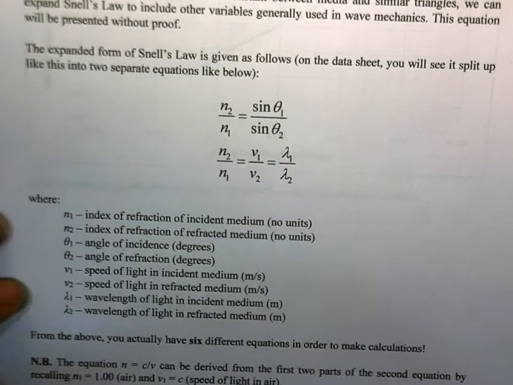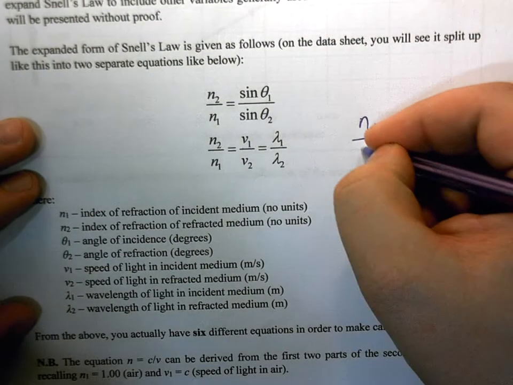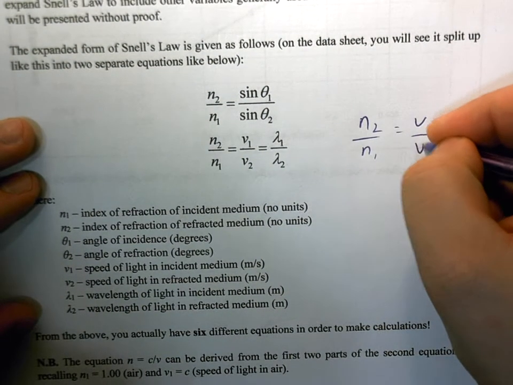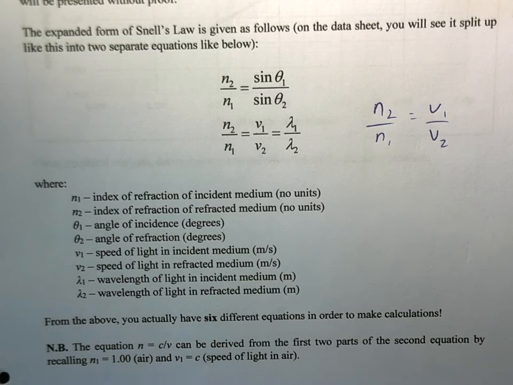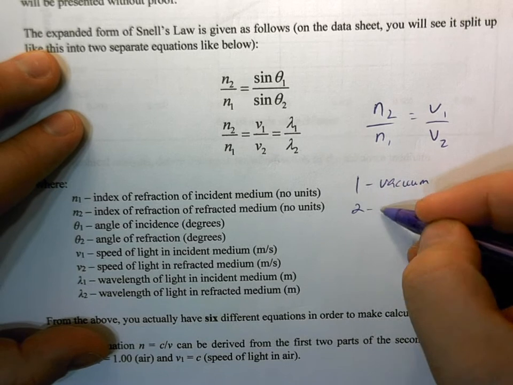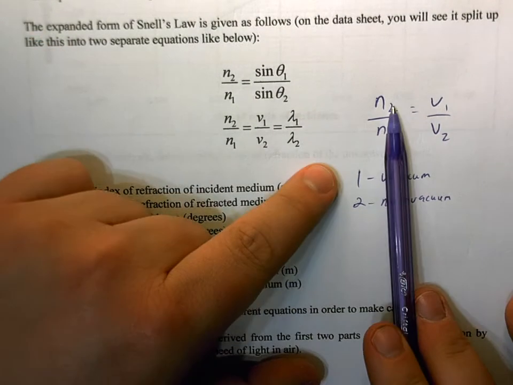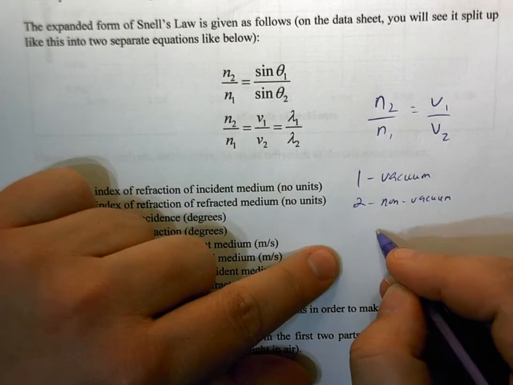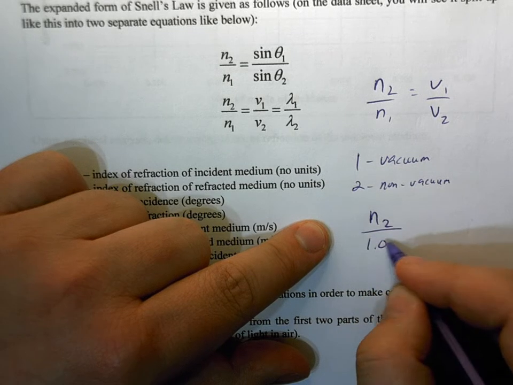and it opens up more with Snell's law. And then from this equation, we can actually derive this whole n equals c over v. Like if I look at this n2 over n1 is equal to v1 over v2. When we're doing n equals c over v, we're usually talking about light going from vacuum to somewhere else. So if I talk about 1 being a vacuum, 2 being a non-vacuum medium, well, let's look at this. n2 is going to be the index of my non-vacuum medium. n1 is just going to be the index of my vacuum, which is 1.